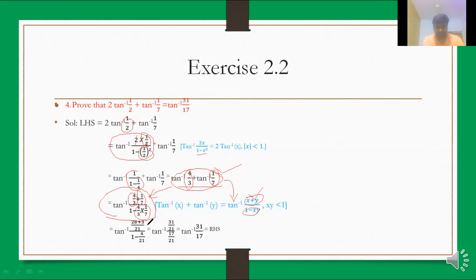Now simplify this. 21 is the LCM, so the LCM will be same. Both can be cancelled there. So finally what do you get? Tan inverse of 31 by 17. Clear? Did you get the RHS? Yes. It's very easy to prove. These problems are very important also. So let us go for the next problem.